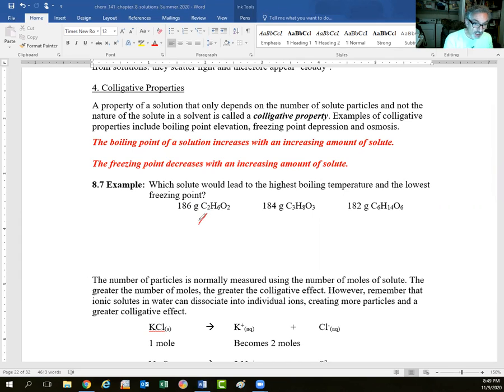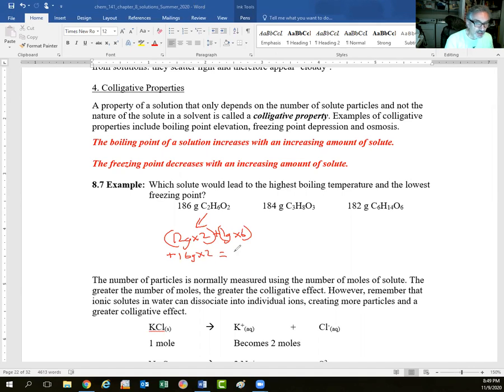So if we look at the formulas, we can work out the mass for each. 12 grams for carbon times 2, 1 gram for hydrogen times 6, and added to that 16 grams for oxygen times 2.